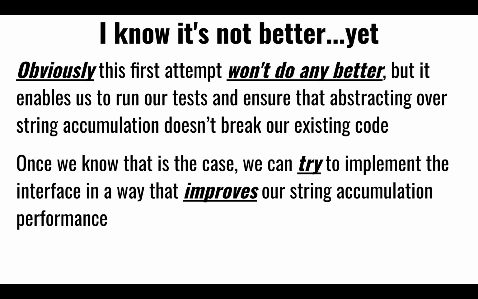Also, the fact that the old out-of-the-box implementation and our implementation behave the same way gives us some measure of confidence that our interface reflects the generic problem, of which the out-of-the-box solution in Java is just one particular solution. So now we're free to explore and try out other alternatives.